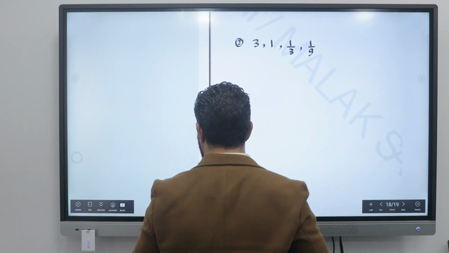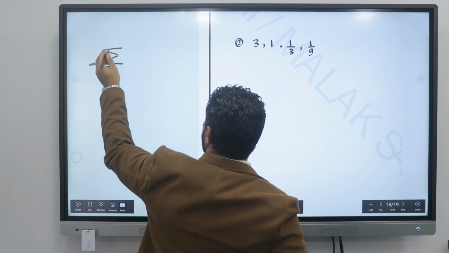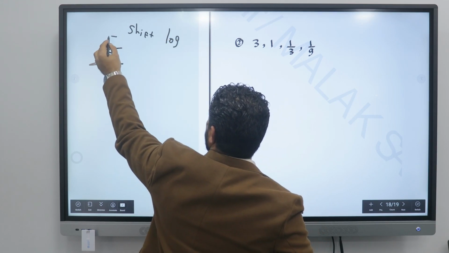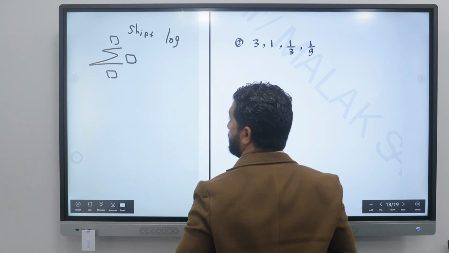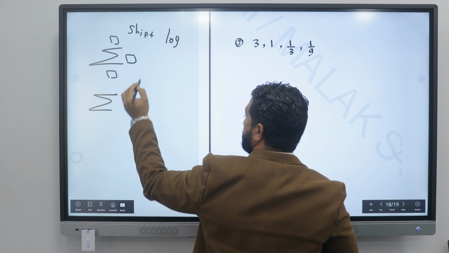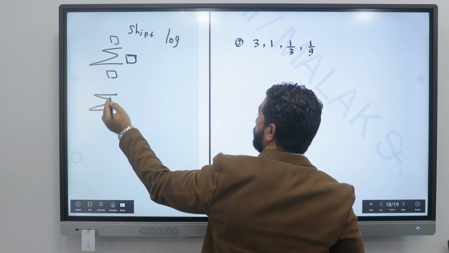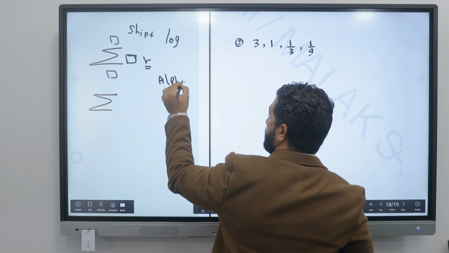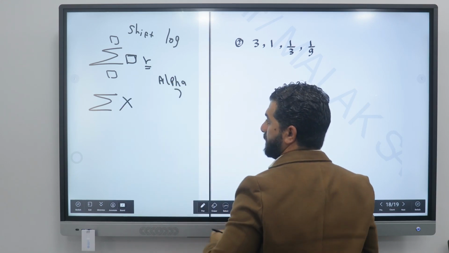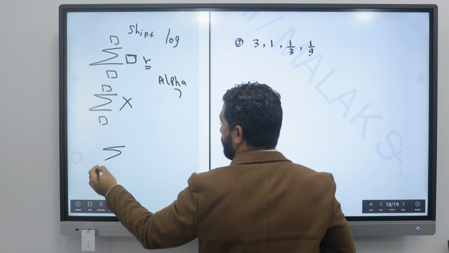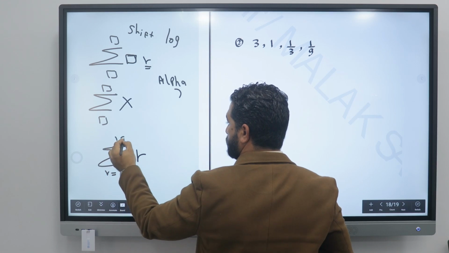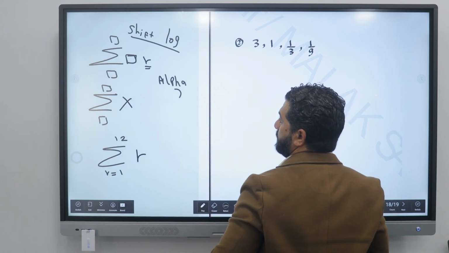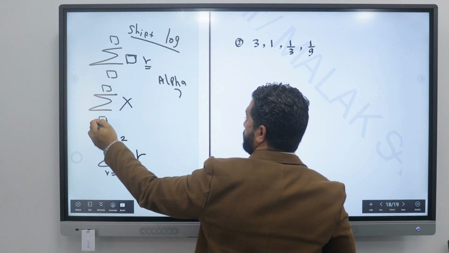Look here. If you click shift and look here, you'll find sum, and you'll find the summation here on the calculator. Here you write alpha, if you want x here, r, which is r to the power of 2, sorry, r. How do you write r on the calculator? Click alpha, okay, and in brackets you write x, and here you write the terms you want. For example, you want the sum of r from 1 to 12. Click on the calculator shift, look, you will find the summation notation here, and write here r from what to what.